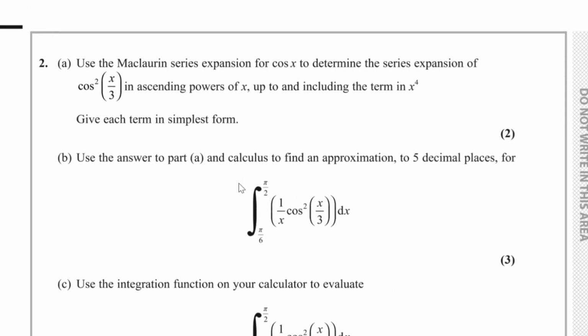Now for part B, we have to use our answer to part A and calculus to find an approximation to 5 decimal places for the integral of 1 over x lots of cos squared of x over 3 with respect to x in between pi over 6 and pi over 2.